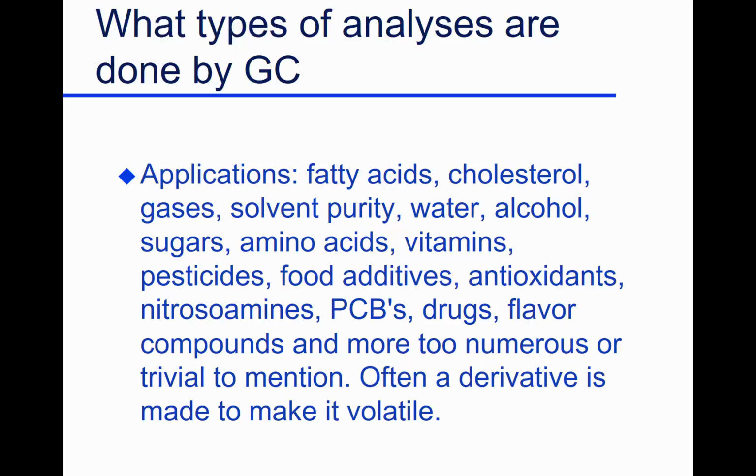And often we think about analyzing things that are volatile that will go into a gas phase. And we oftentimes make a derivative of things that aren't volatile to make them volatile. So sugar, for example, gas chromatography is used for sugar analysis. We take that sugar that would normally just decompose on heating, make a derivative of it, add some silyl groups, it can be ester groups.